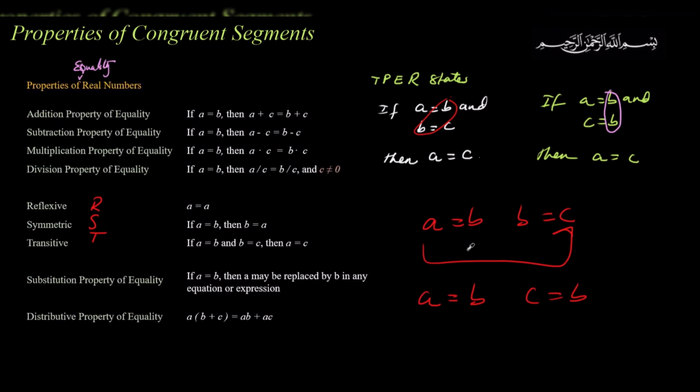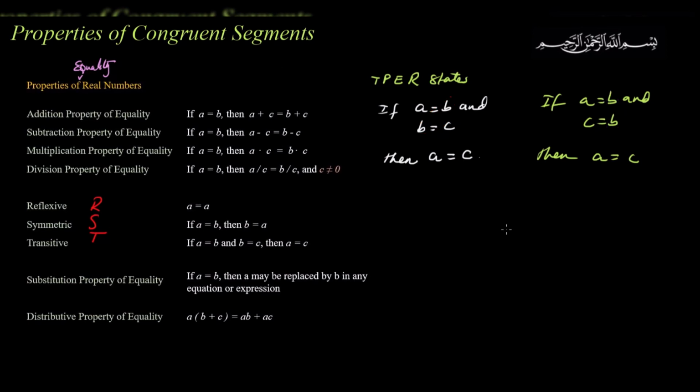You should be aware that they may not be written in this particular pattern, because you can always apply the symmetric property to bring them into the pattern that is more readily apparent to you. So don't be fooled if in a proof the given statements are not in a pattern that you are accustomed to. If it's A equal to B and B equal to C, then A equal to C.